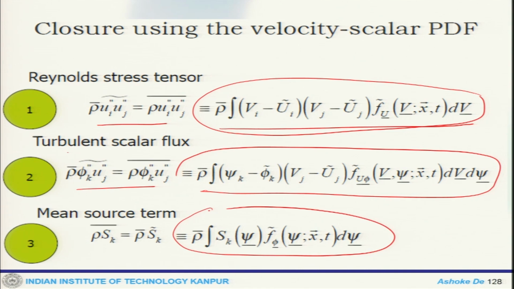So, that means all these closures are now done using the probability distribution function. This is a substantial difference when one looks at the flow field in the Eulerian framework and when you look at it in the Lagrangian framework in the context of transport PDF equation. So, we will stop the discussion here today and continue the discussion in the next lecture.